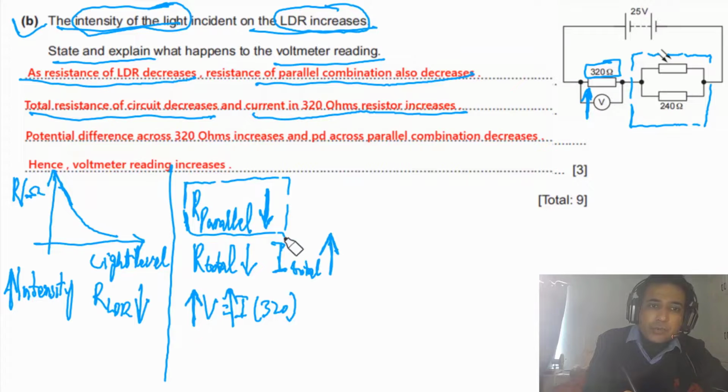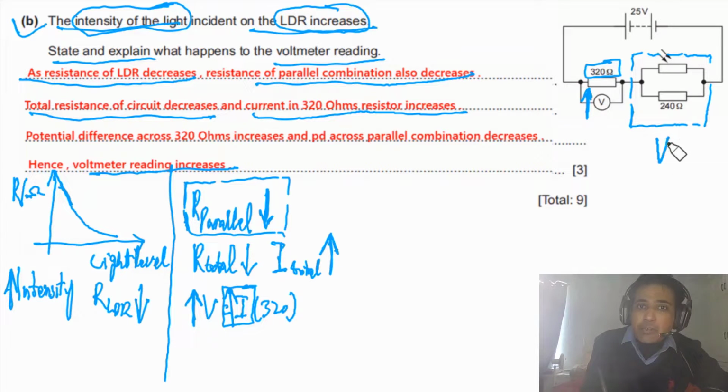So we have discussed total current increases, it means current in 320 ohms resistor also increases. So hence voltmeter reading increases. So this voltmeter reading will increase and PD across this combination will go down. So they can ask you next time, PD across this parallel combination will go down.